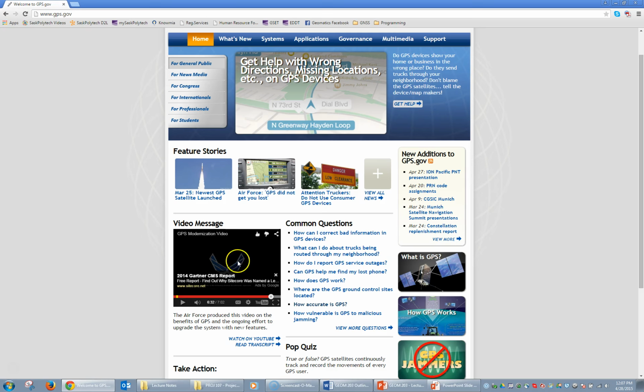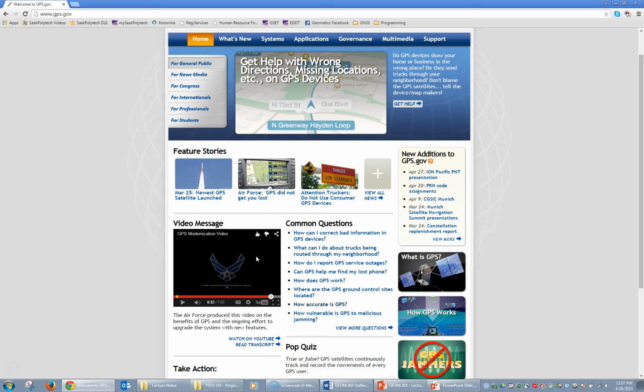There we go. That's a pretty good overview, at least, of what GPS is all about, and it starts hitting on some topics about what we're going to discuss next, which is the user segment, the third and final segment of GPS.